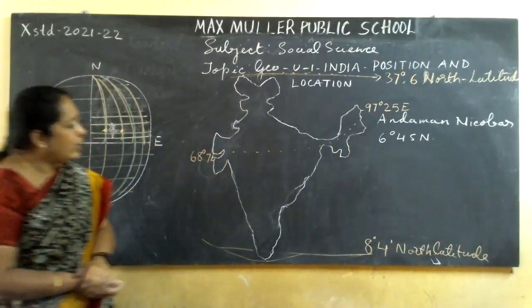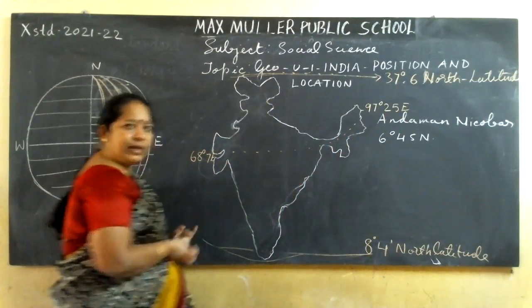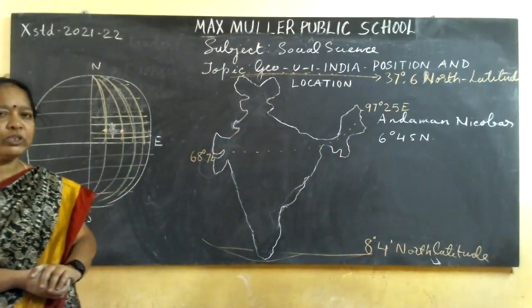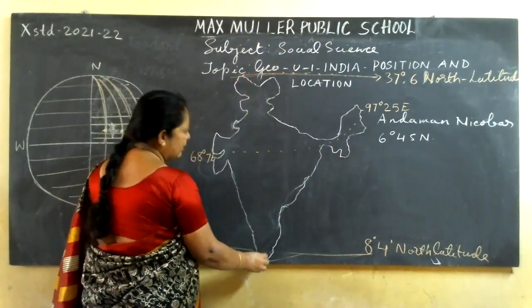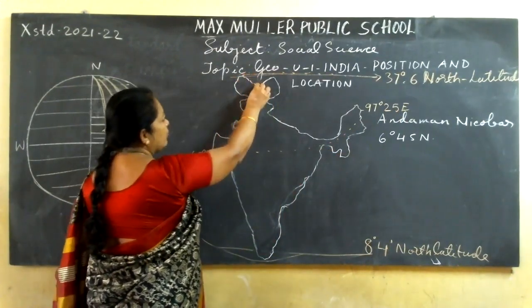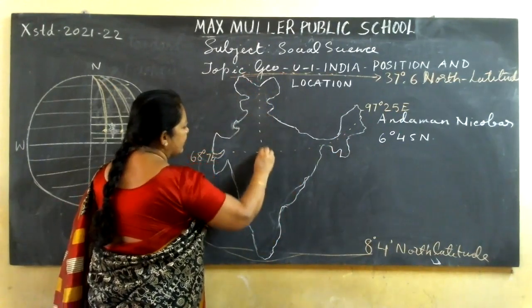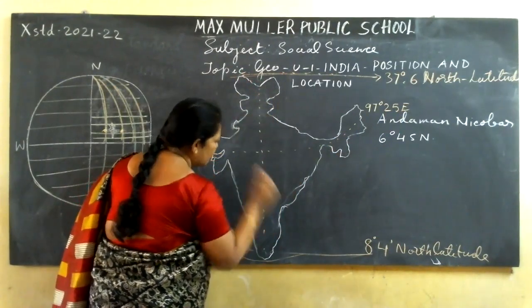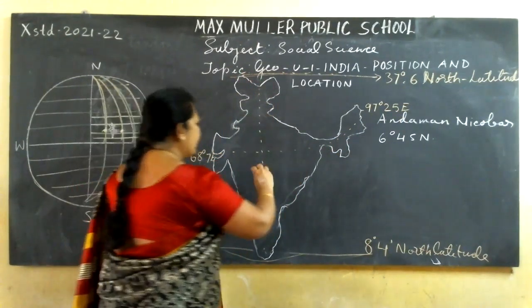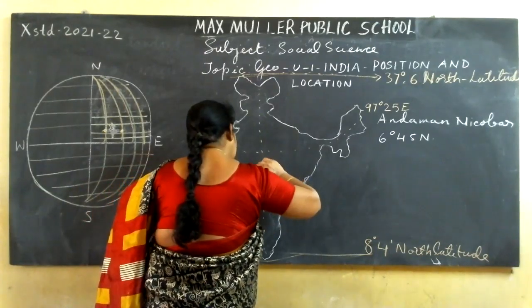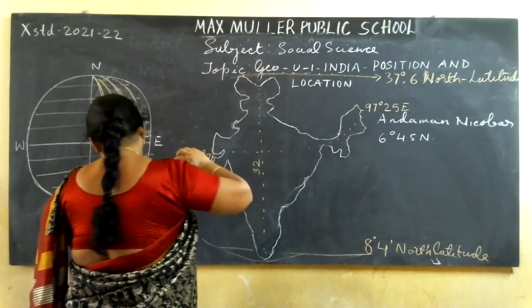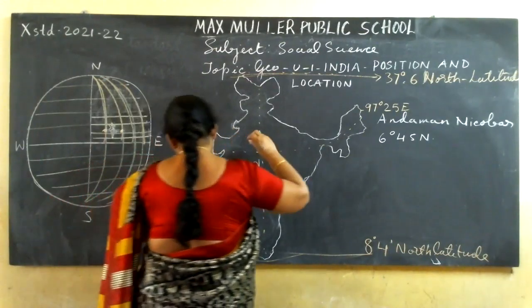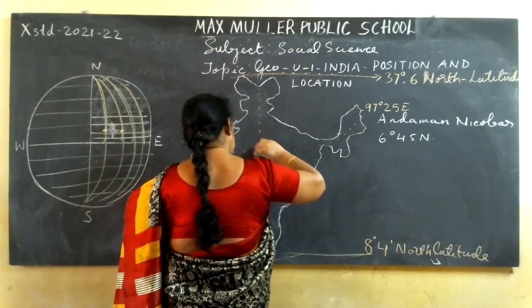Okay. Now let us see the area, how much it is from here to here. If you see kilometer wise, from north to south it is 3,214 kilometers.